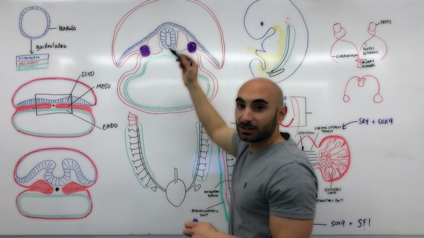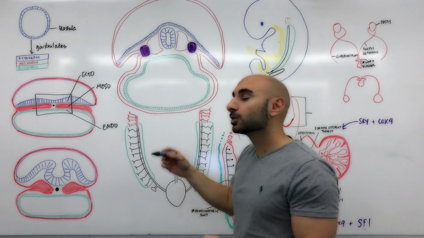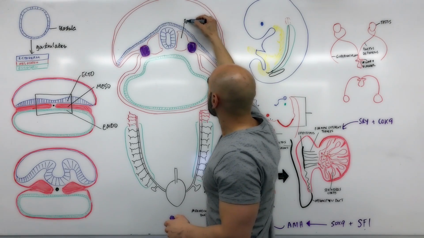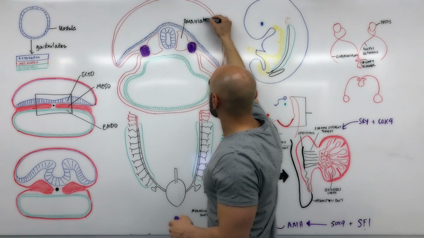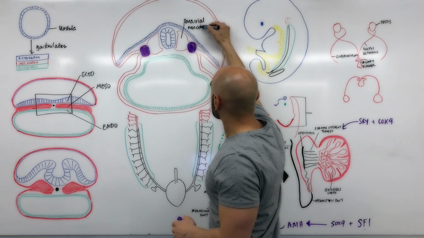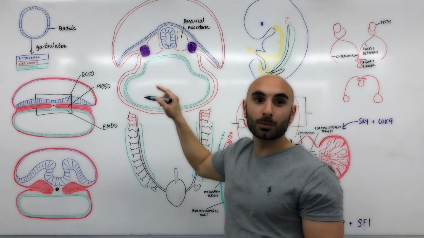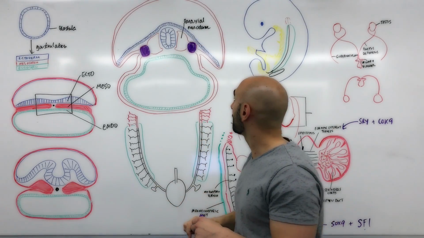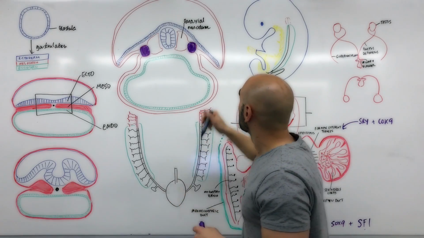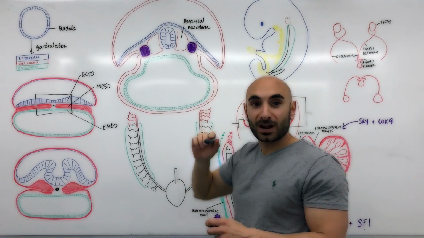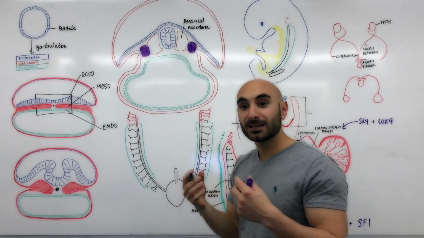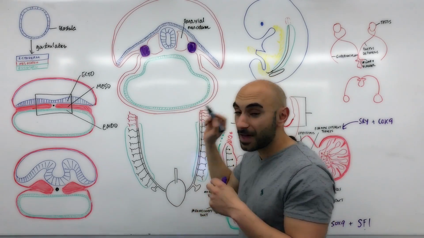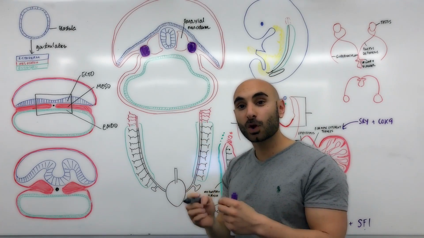This larger bit of mesoderm is the paraxial mesoderm, and these will form things like smooth muscle and skeletal muscle. This middle part in purple that I have colored in is the intermediate mesoderm, and that is where the kidneys and the gonads arise from.